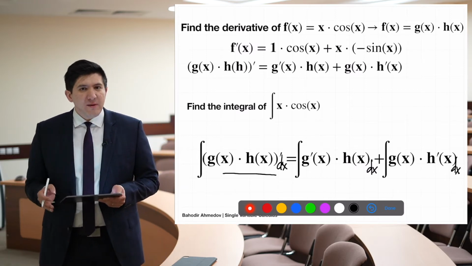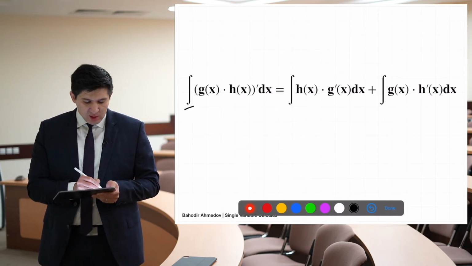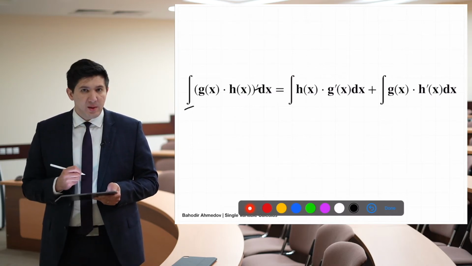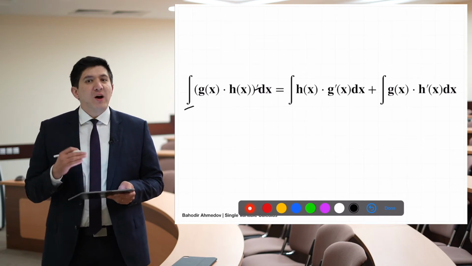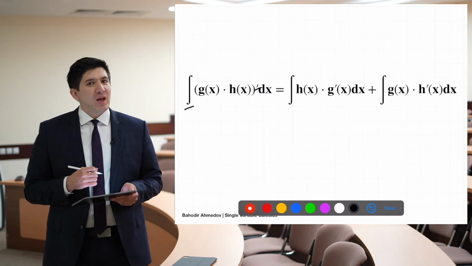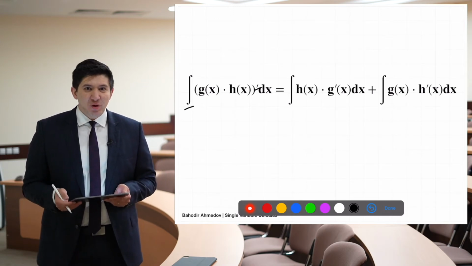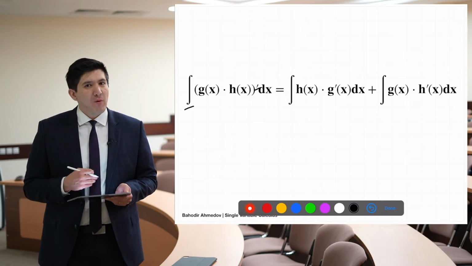Please note that on the left-hand side, you simply get g of x times h of x, because this integration is going to cancel with this derivative. Well, if I say that this is the integration by parts, would you believe that? Actually, yes, this is the integration by parts, but written in a slightly different form.